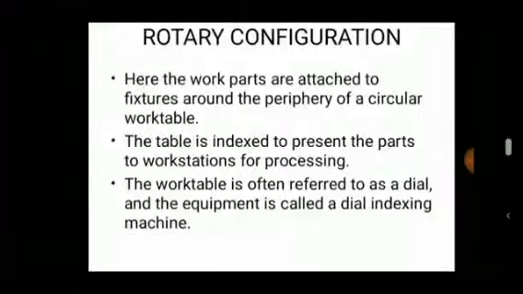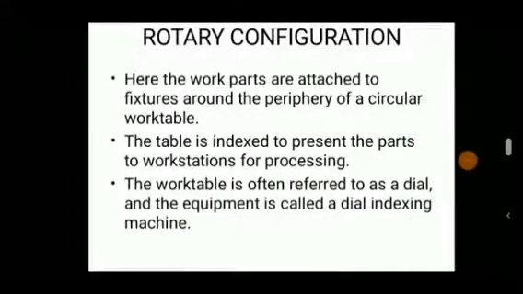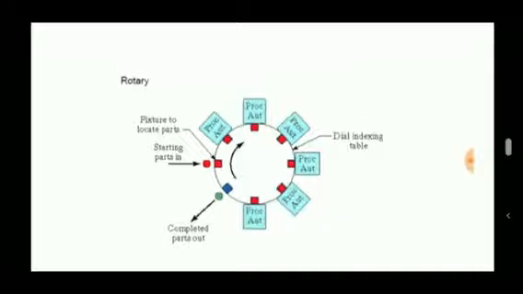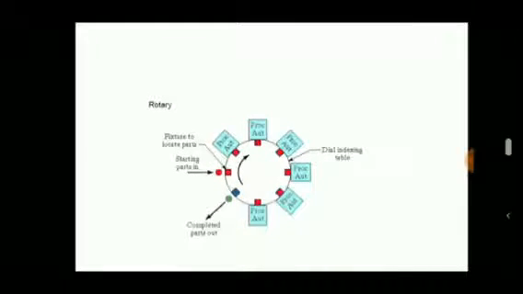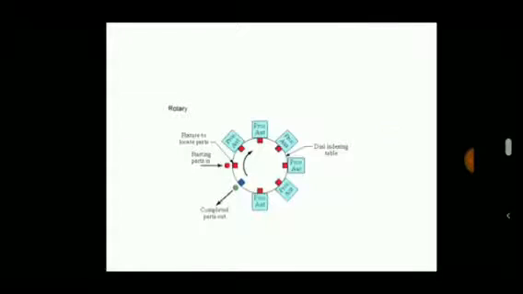Then the rotary configuration. In this rotary configuration, the work parts are attached to fixtures around the periphery of a circular work table, where the working stations are arranged in a circular manner so that it can machine, and the table is indexed to present the parts to the workstations for processing.